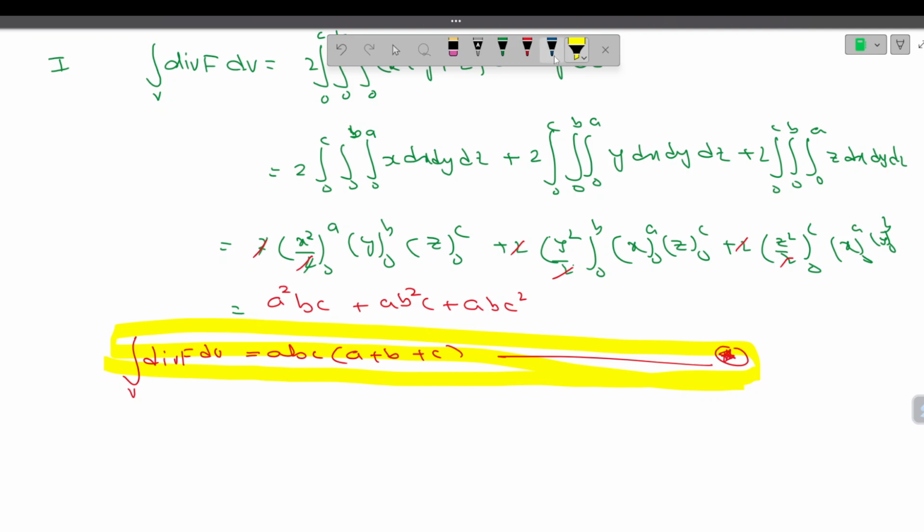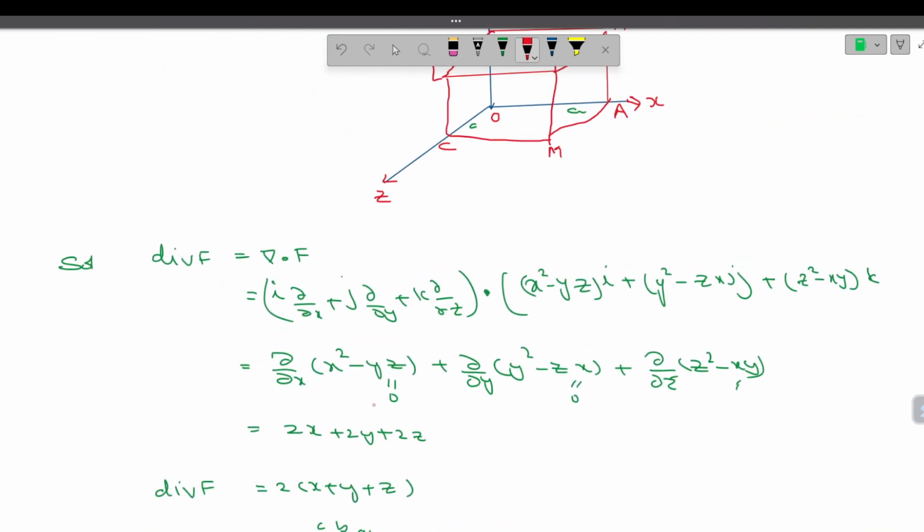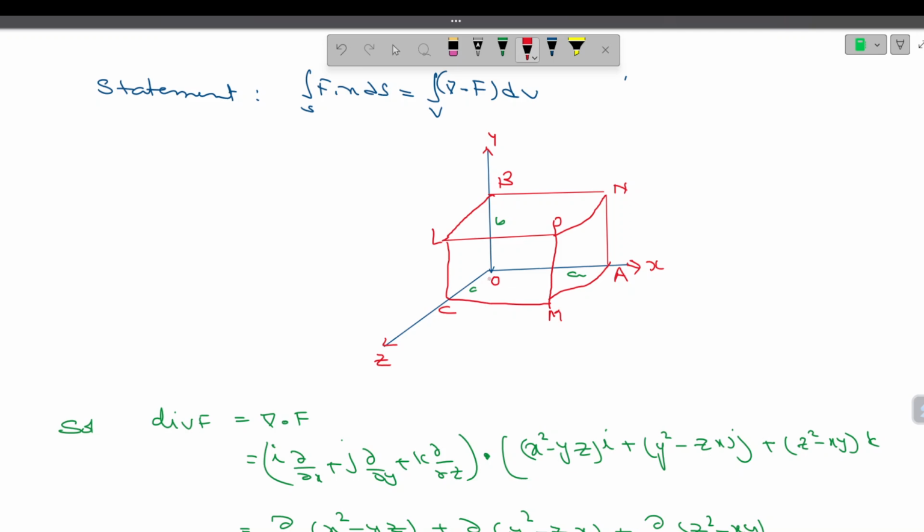Now the second part we have to do is the surface integral. The surface integral taken over the surface S of F dot n dS we have to do. So first I will go with OA, this face.